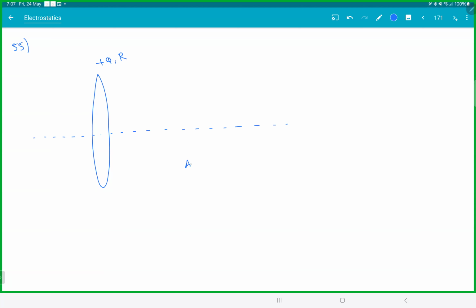On the axial line, at a distance of r root 3, you kept a small dipole at an angle theta.